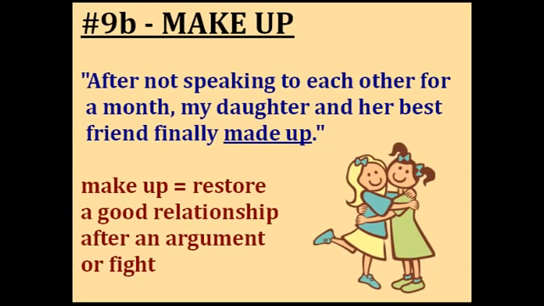So in this case, we have 2 girls who had an argument or a disagreement or a fight, and they didn't speak to each other for a month, but then eventually they made up. They became friends again, and they restored their good relationship. Okay, so when 2 people make up, it means they come back to having a good relationship after a disagreement or argument.